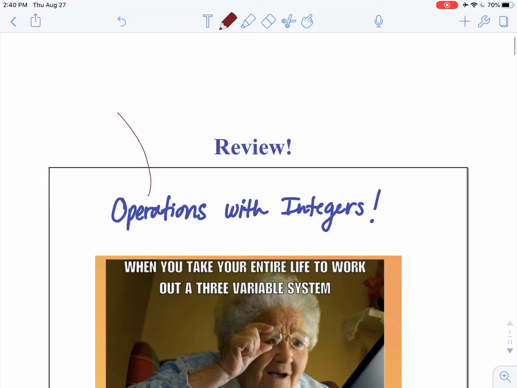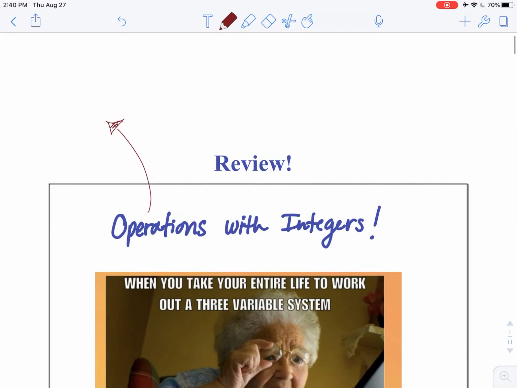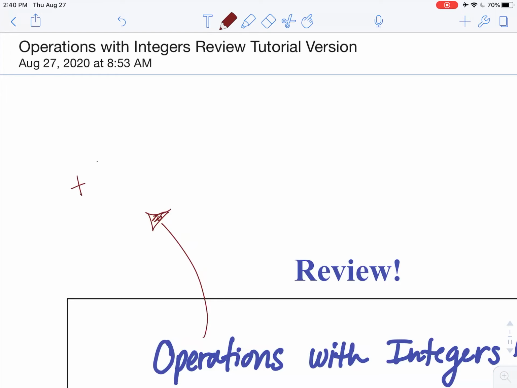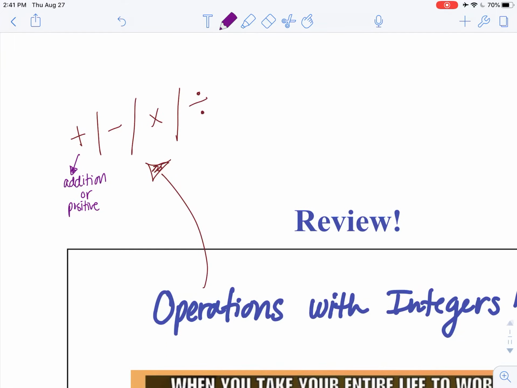When we say operations, we are talking about addition, subtraction, multiplication, and division. With addition, remember that this addition can also be a positive sign, because positive and addition is the same thing. Just like in the stock market, when something is positive 2.3%, that means it has gone up.